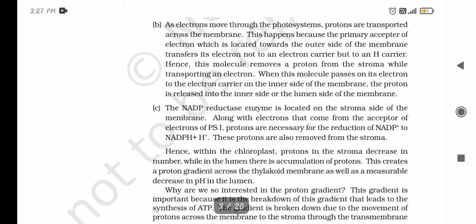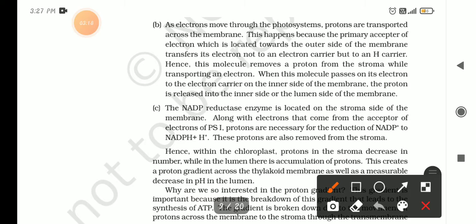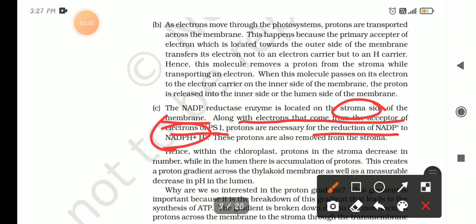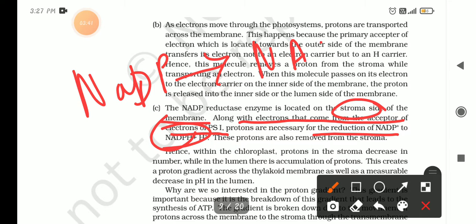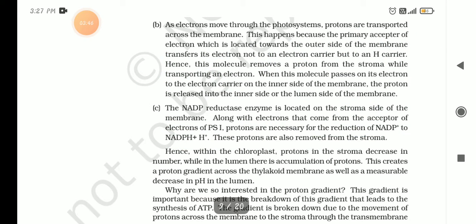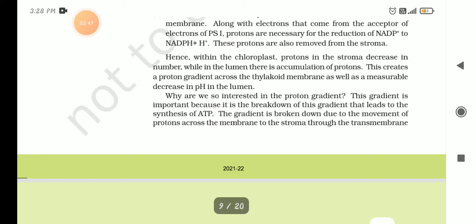It is an enzyme located on the stroma side of the membrane, and along with the electrons that come from the acceptor of the electron of PS1, these protons are needed for the reduction of NADP to NADPH and H positive. So there will be NADP reduction and it will form NADPH plus H positive. Okay, and these protons are also removed from the stroma.